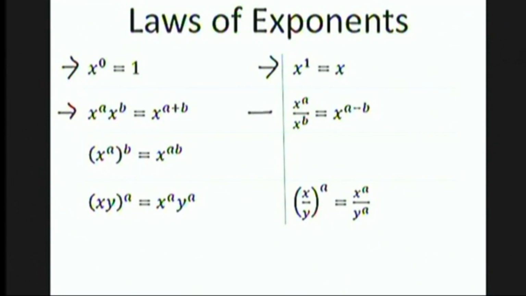When we divide two expressions with the same base, we can subtract the exponents. And when we raise a power to another power, we can multiply the two powers. Two other simple rules. Xy to the a is equal to x to the a times y to the a. And x over y to the a is x to the a over y to the a.